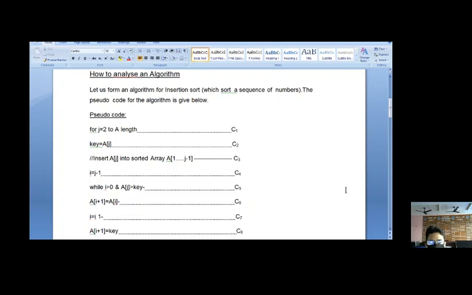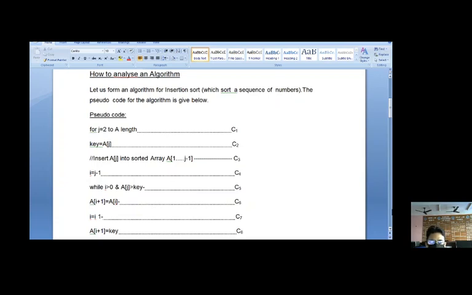Then we shall insert the element into the sorted array, and for each item, i equals j minus 1. As each item is taken one by one, if there are n elements, for each item the i value will be j minus 1.